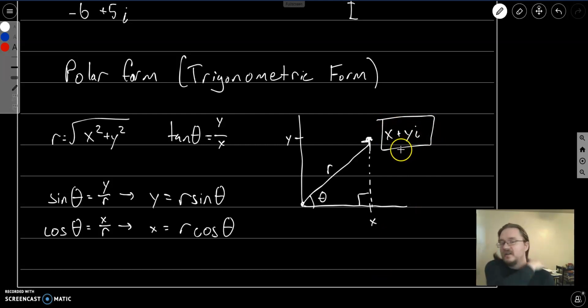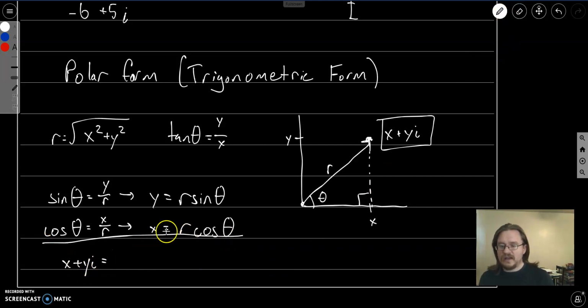And that means that my original complex number with x's and y's in it, I can rewrite that, x plus yi. Let me write this over a little bit because I'll need to do a little bit with this. So if I write x plus yi, well, x is just going to be r cosine theta plus, and then y is going to be r sine theta times i.